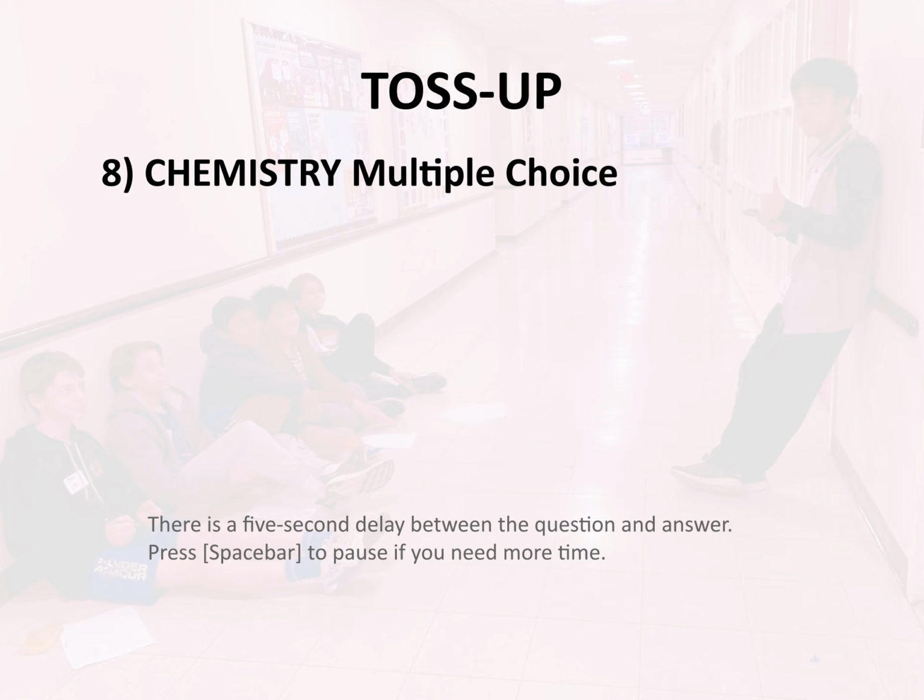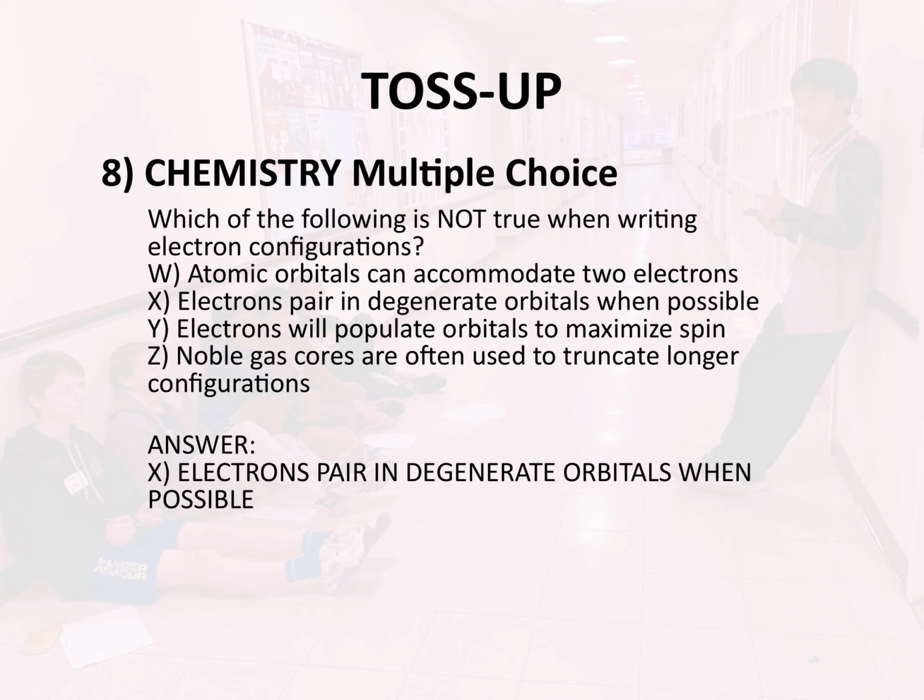Y. Electrons will populate orbitals to maximize spin. Z. Noble gas cores are often used to truncate longer configurations. Answer. X. Electrons pair in degenerate orbitals when possible.